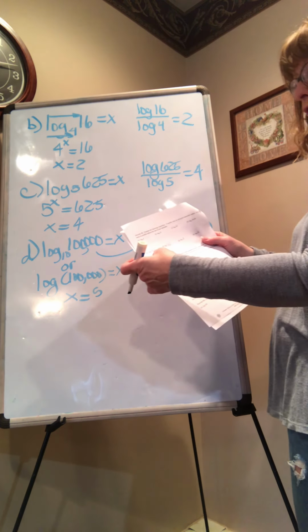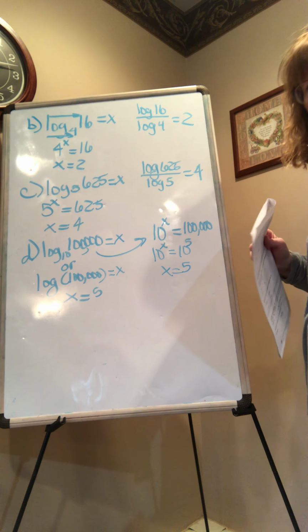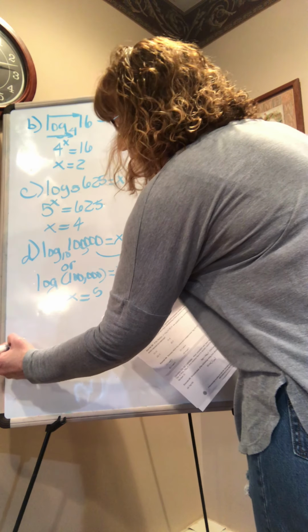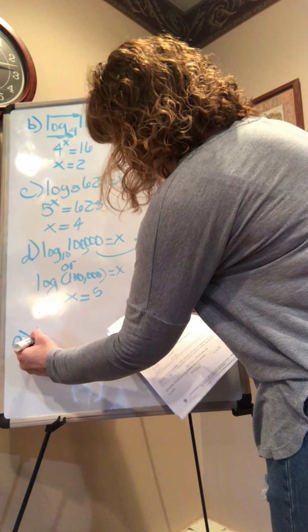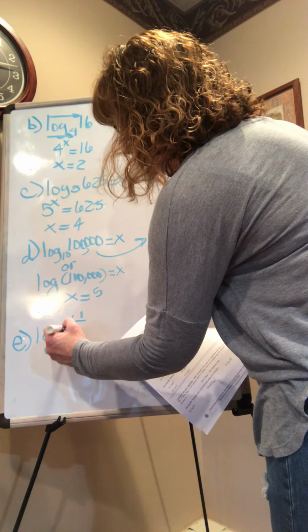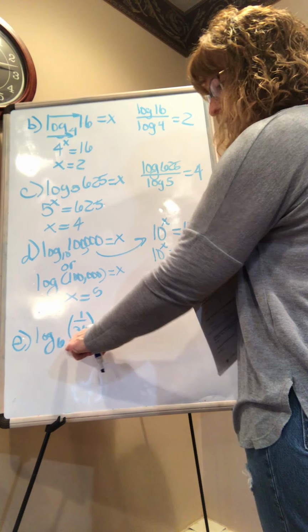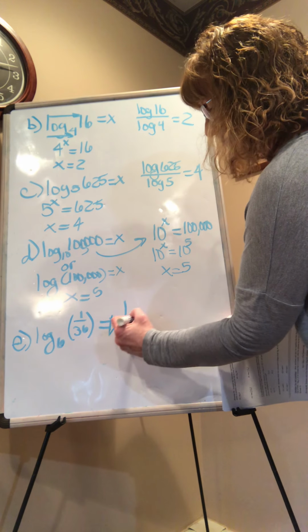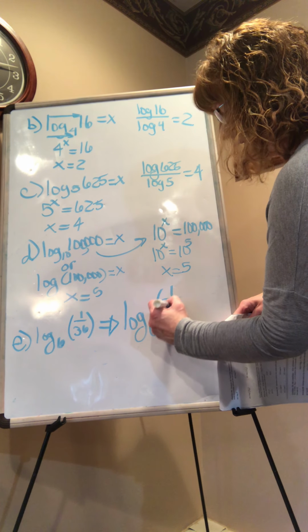Now, when you get into fractions, you're going to want to be really careful that you remember your negative exponents. So when you have e, which is log base 6 of 1 over 36, you want to say to yourself, well, what's the connection between a base of 6 and 36? And that connection is 1 over 6 squared.